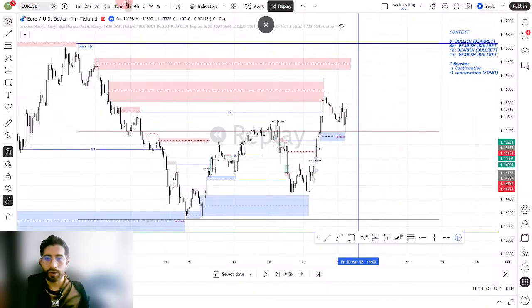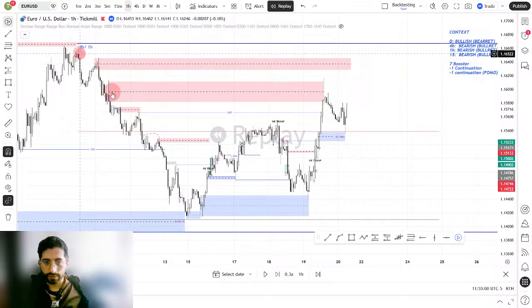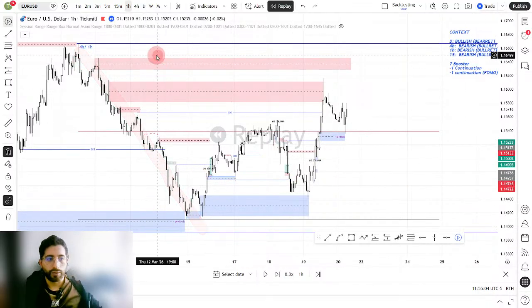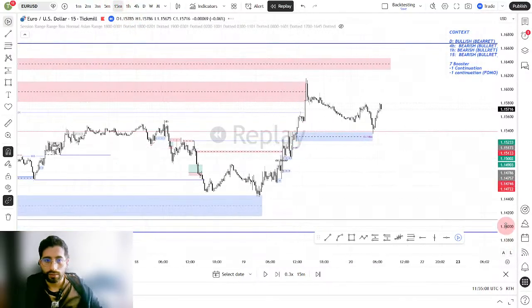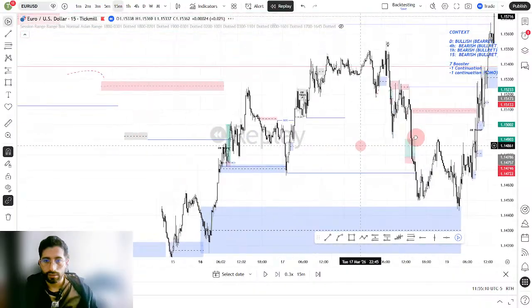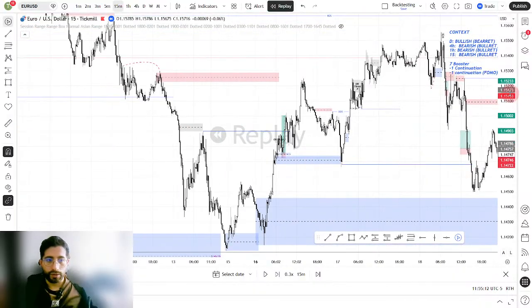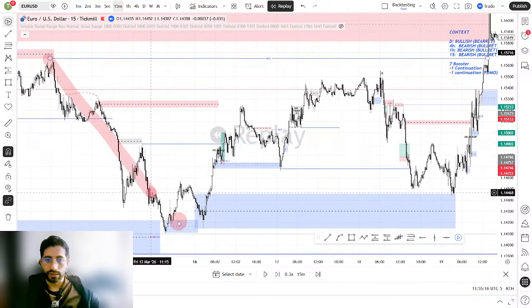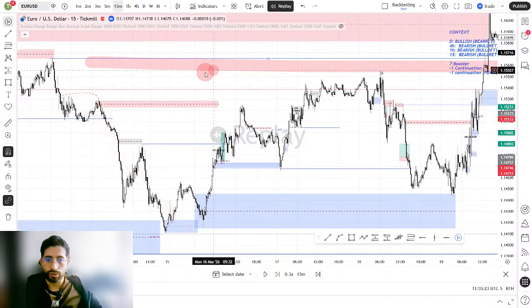But what happens if we go to 15 minutes? This is in 1 hour, right? This is the 1 hour impulse. This is the fractal, right? But if we go to 15 minutes, we see a different story. In 15 minutes we see that this is the impulse, but we are above. We should sell here.